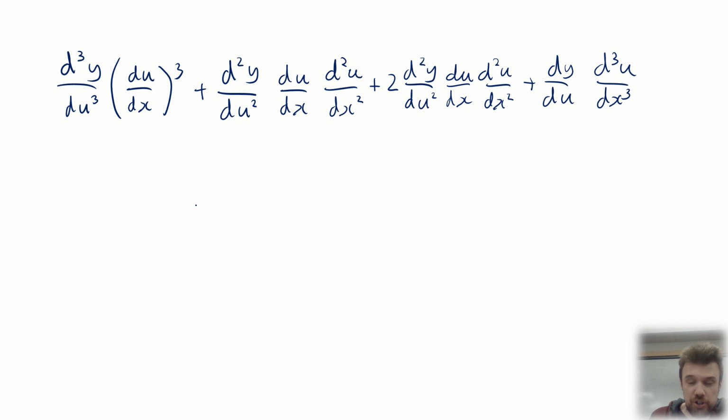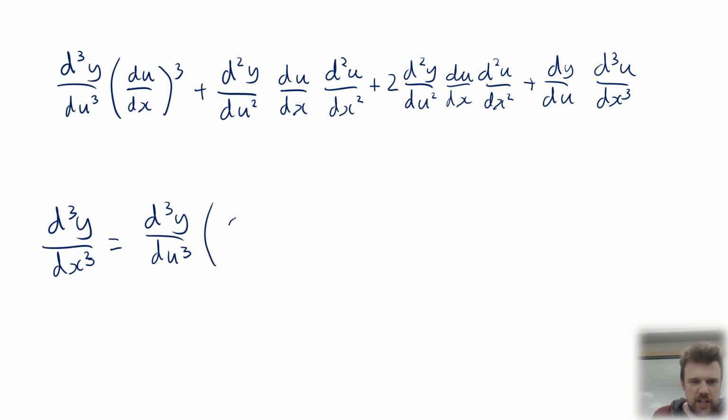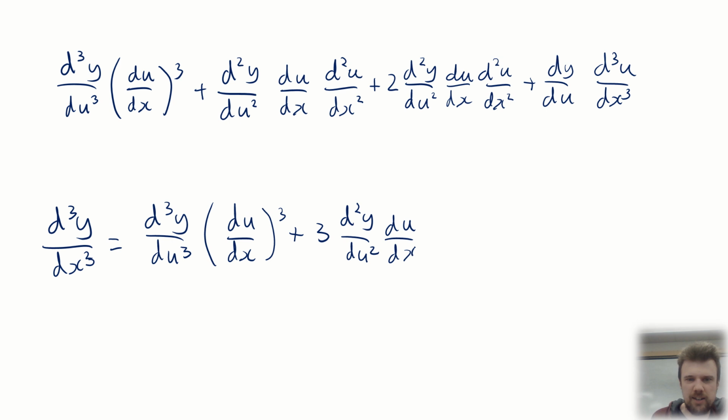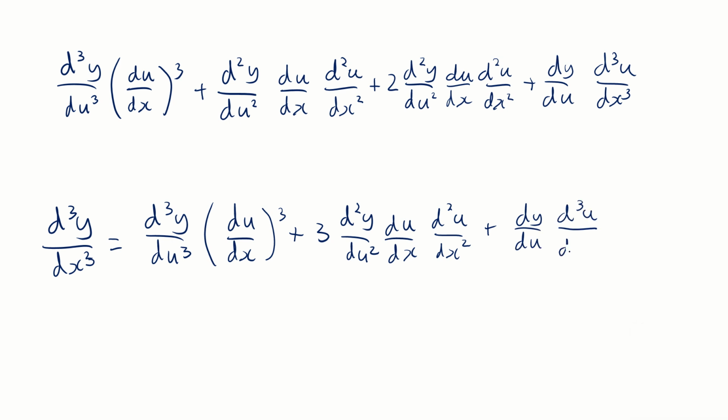Cool. Of course, you'll obviously spot in the middle, we can do some simplification. So that does lead to us confirming the answer we got in the previous video, which is d3y over du cubed times du over dx cubed plus 3 lots of d squared y over du squared, du over dx, d squared u over dx squared, and then lastly dy over du times d cubed u over dx cubed.